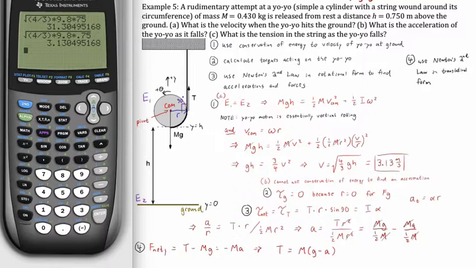All right, so then we're going to have that extra 2a term, which will give us 3a over there.